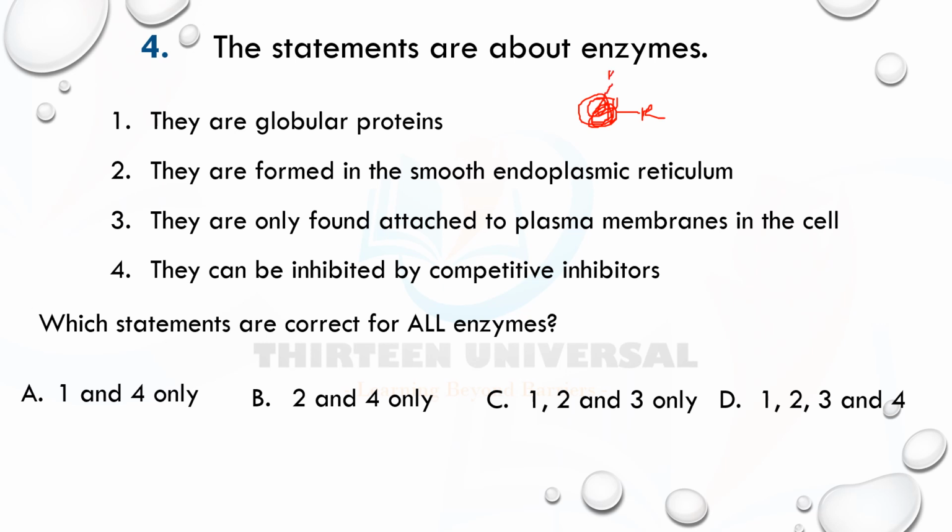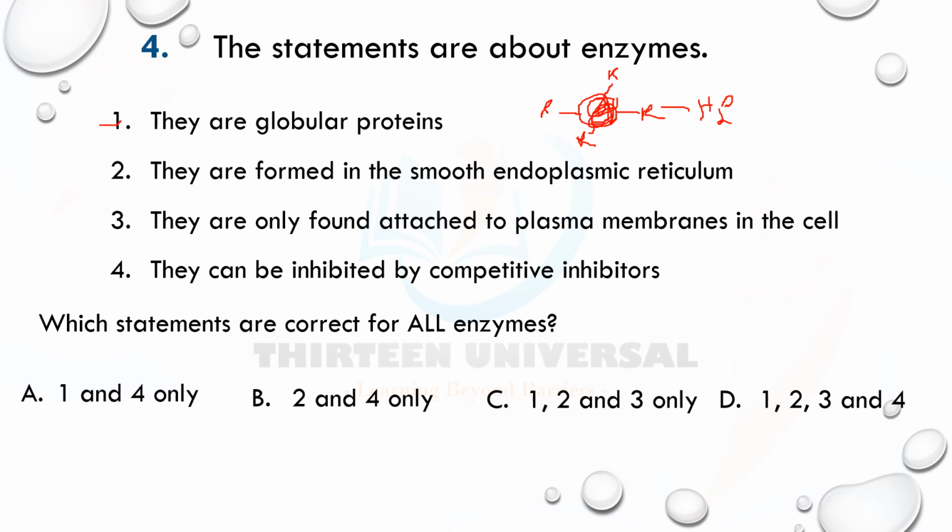Hydrophobic R groups are within the core. Can you see that? So hydrophilic R groups interact with water. So all enzymes are soluble because they are globular, and they're metabolically active. So number 1 is correct.